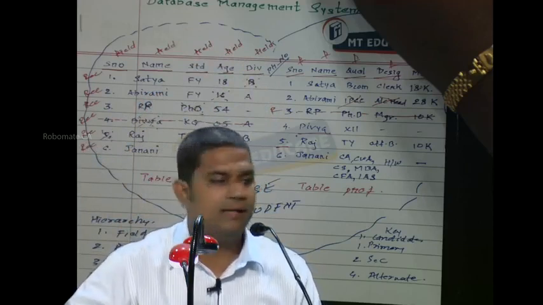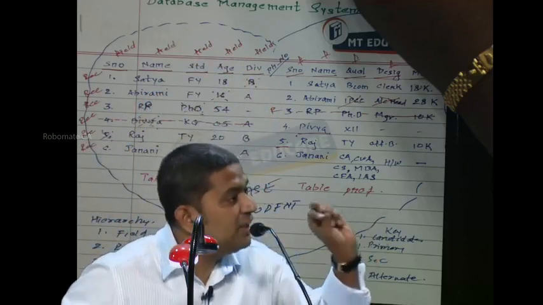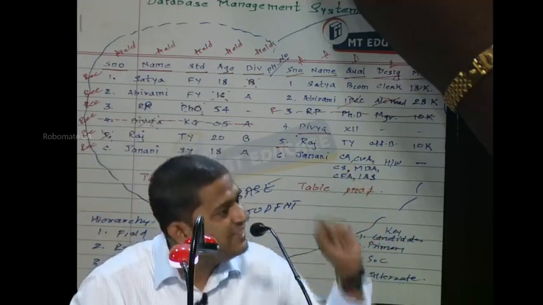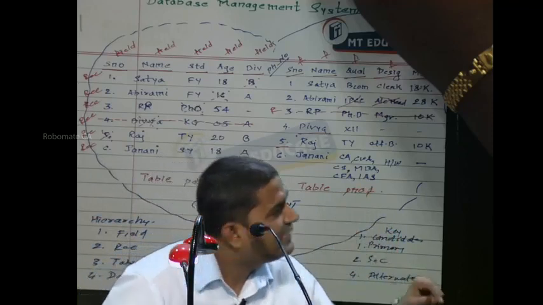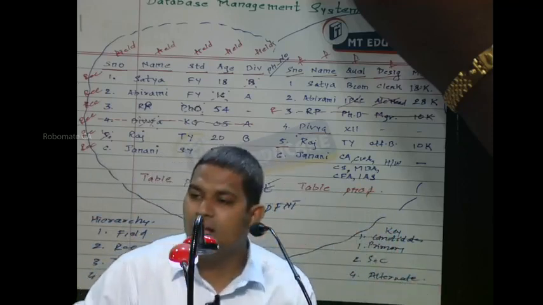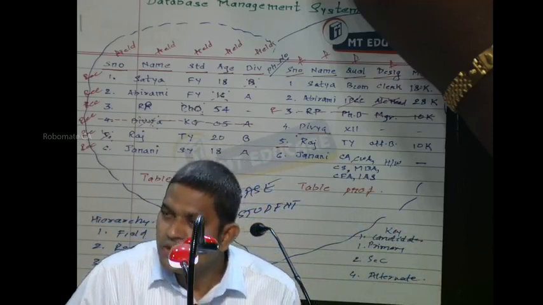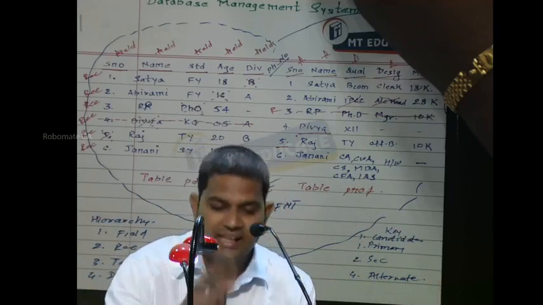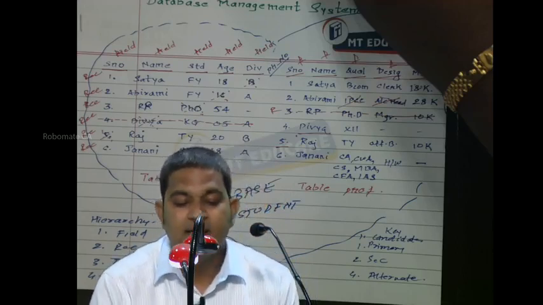What's your roll number? He'll tell me. But the system will give me an error: hey, this roll number already exists. That means this data already exists in my table, in my database. So don't you think repetition of data can be avoided? And that's nothing but minimizing the data redundancy.